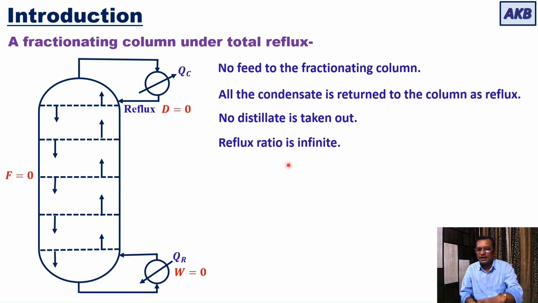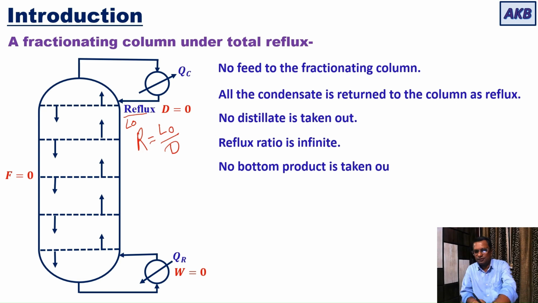Reflux ratio is infinite, because reflux ratio is the ratio of the reflux stream, usually denoted by L0, to D, that is L0 upon D. When D is 0, R becomes infinite. That is, when the column is operating under total reflux, the reflux ratio is infinite.